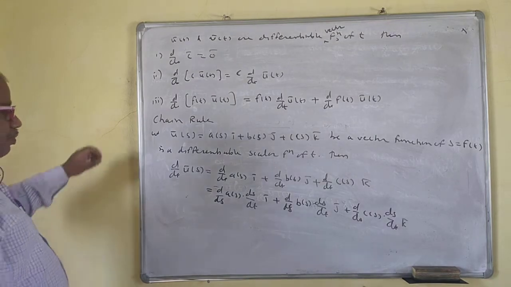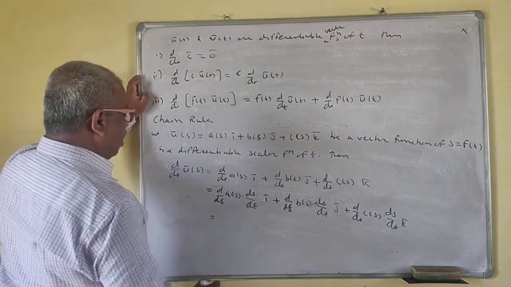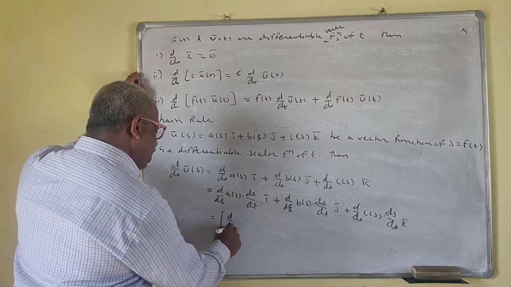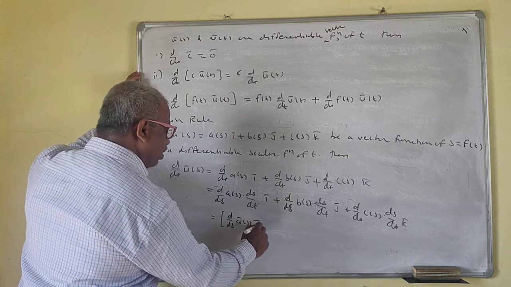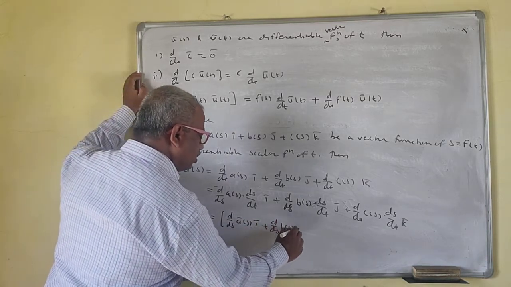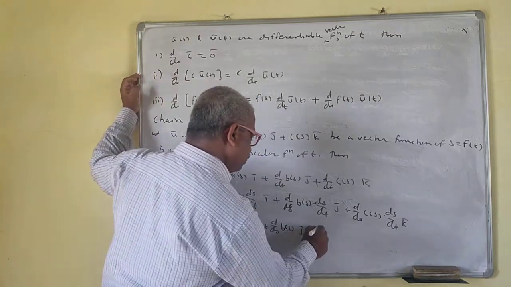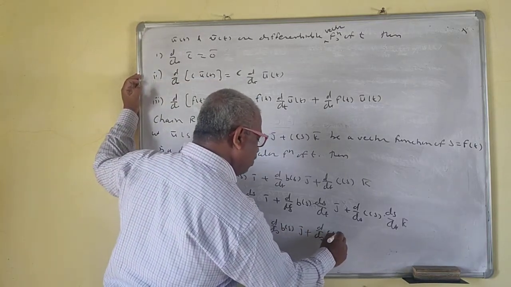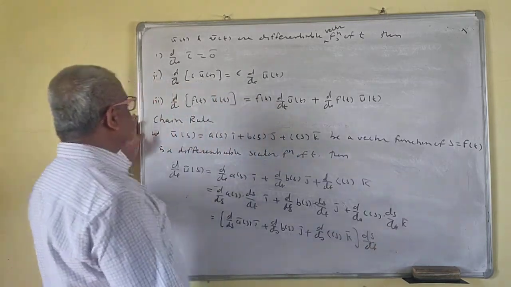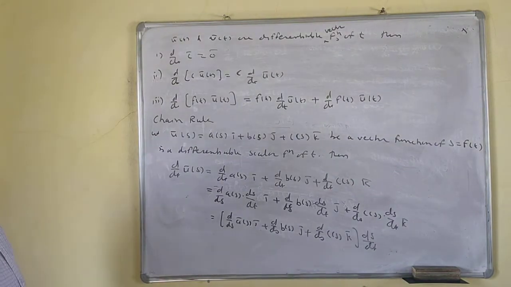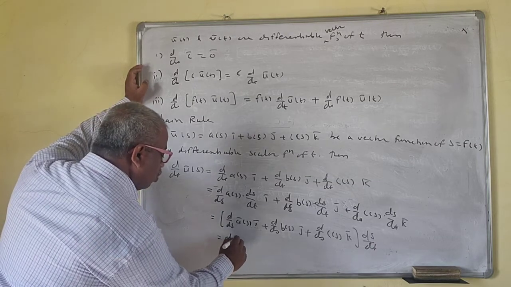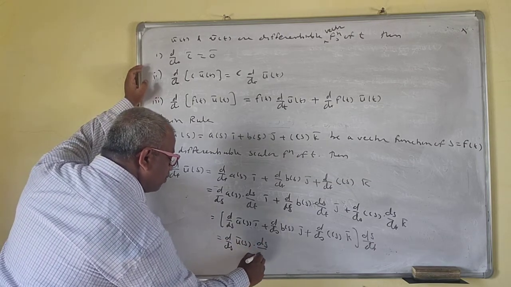Okay. So now this dot is not important here because this is a scalar valued function. I can write this as d by ds of a of s i bar plus d by ds of b of s j bar plus d by ds of c of s k bar, into ds by dt. So what is this? This is nothing but d by ds of u bar of s into ds by dt.